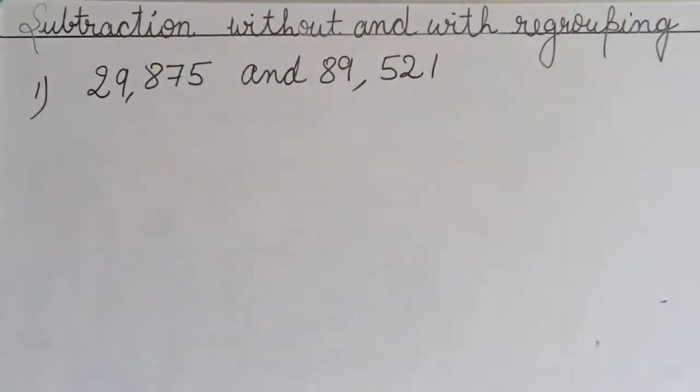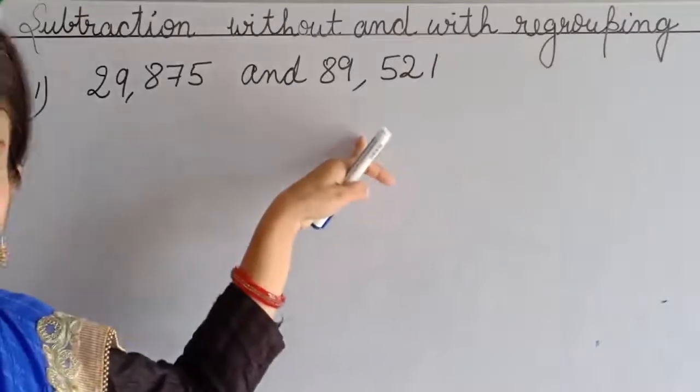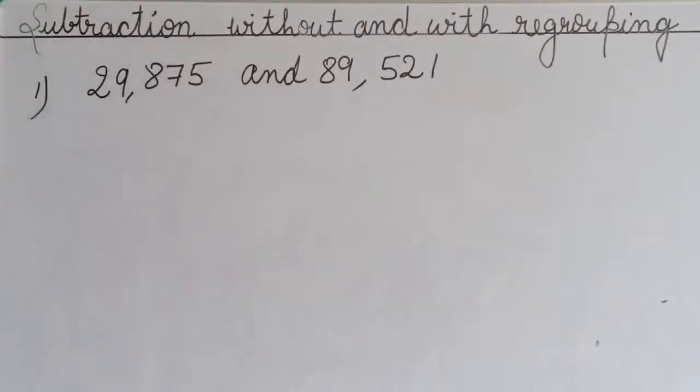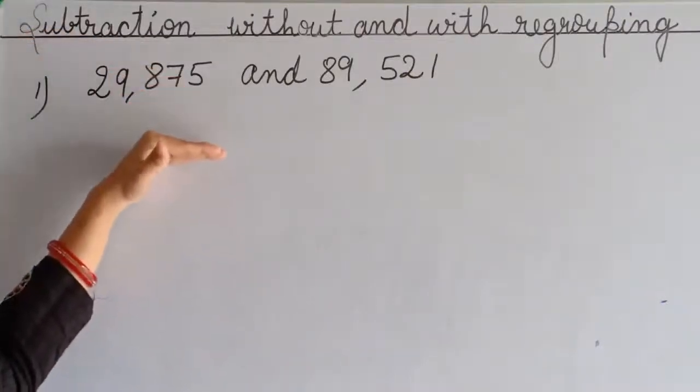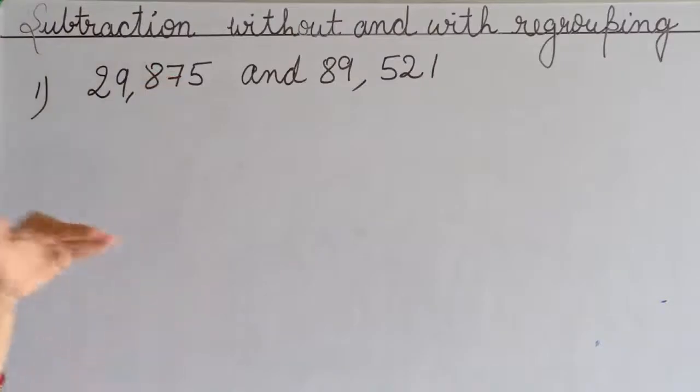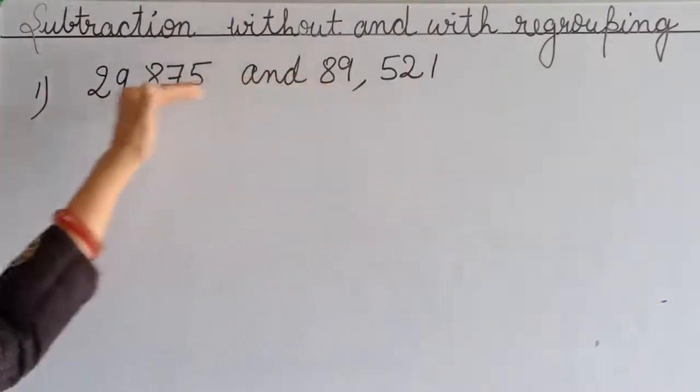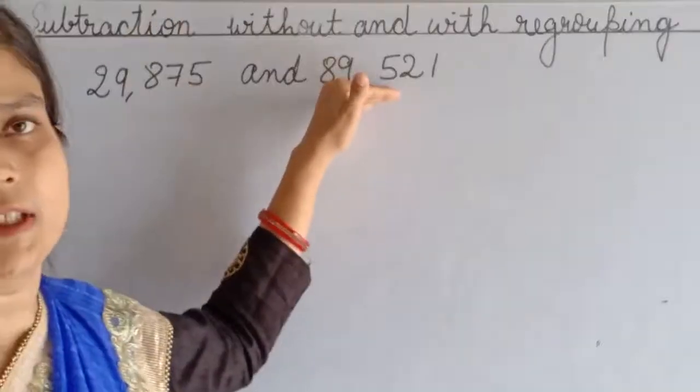We have to find the difference of these two numbers. First we will compare which number is bigger, because the rule is that first we write the bigger number in the column, then the smaller number, then we subtract. So first we find which one is bigger.